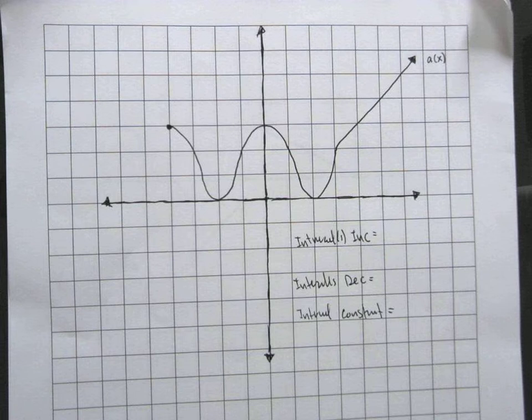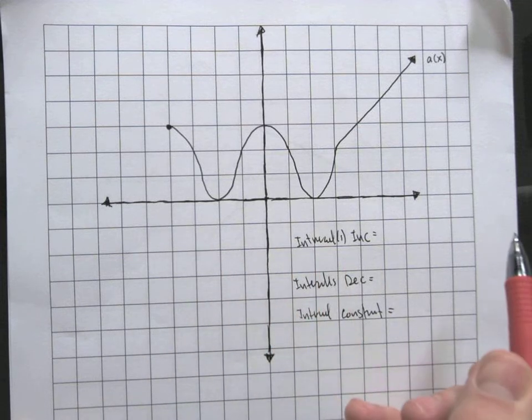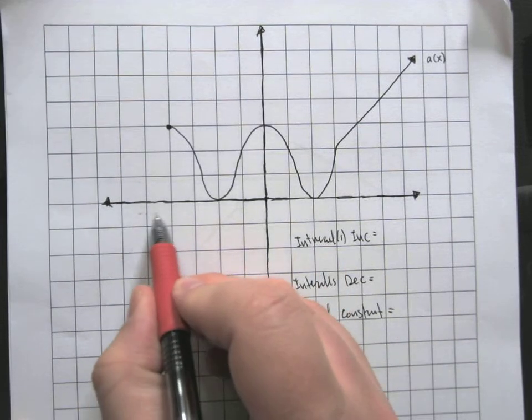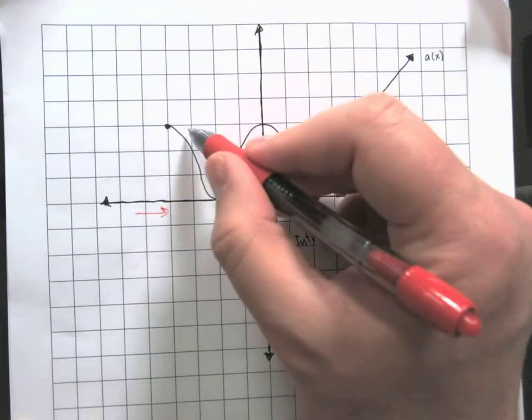Again, the thing to remember is we're doing this from the perspective of moving on our x's from left to right. So we're generally moving this way, which means right along the curve.